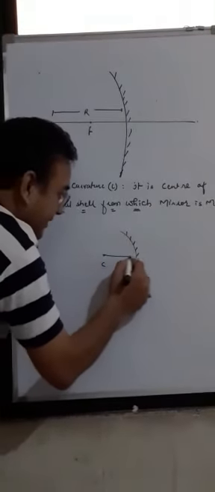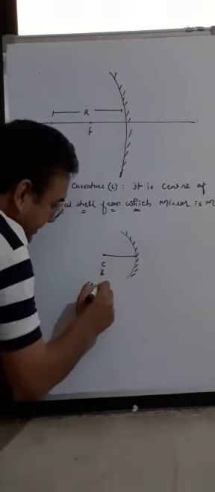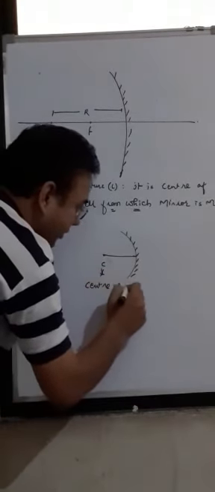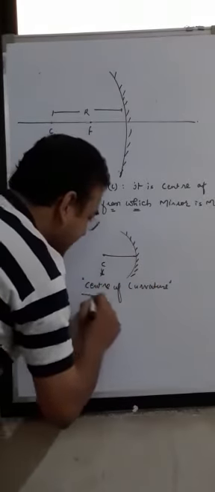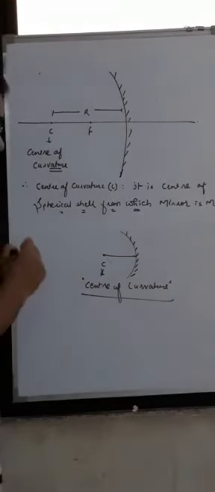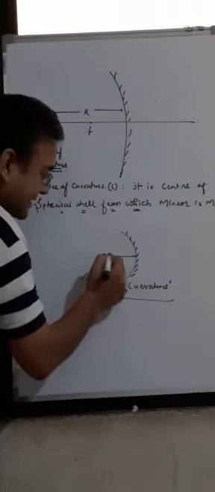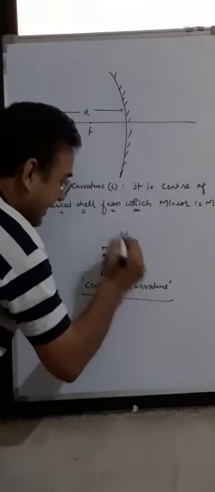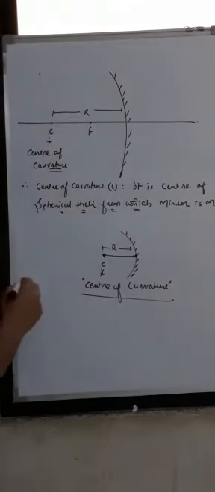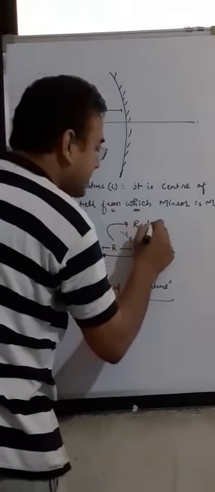That's why this is called the center of curvature. Definitely we know that in a spherical shell, the distance from the center to the surface is considered as R. So this R is known as radius of curvature.